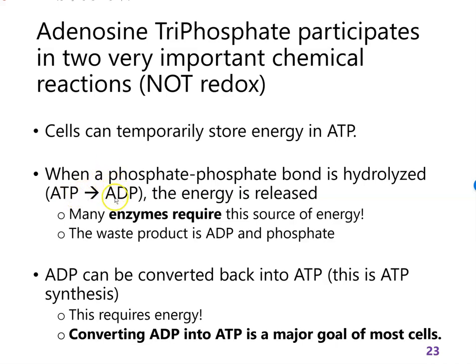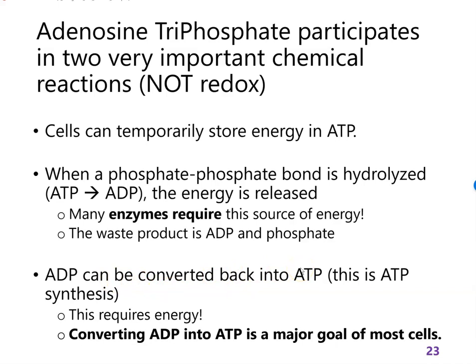The other kind of reaction it goes through is the one where it is made from ADP. So ADP can be converted back to ATP if energy is supplied. So think about the energy that an enzyme can take from this reaction. It takes slightly more energy to put that phosphate back onto an ADP and remake it.